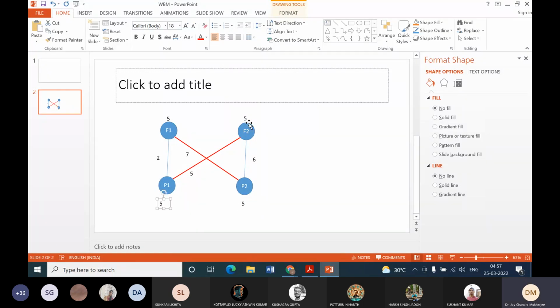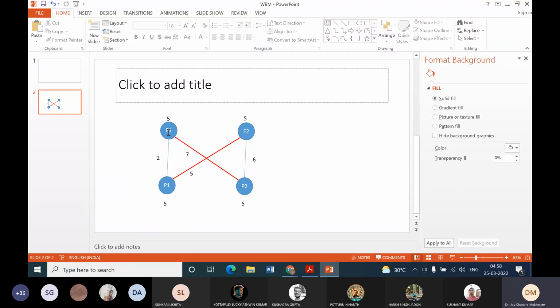So the government tells the company, if you don't use farm 1, I will give you 5 rupees. If you don't use F2, I give you 5 rupees. Say for P1 and P2 also. So it pays 20. The company says I get a maximum profit of 12, but the government gives me 20, so it is a better option not to produce the corn. But it is a loss for the government, because the government could have given just 12.